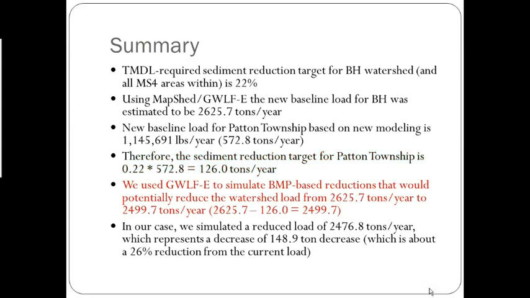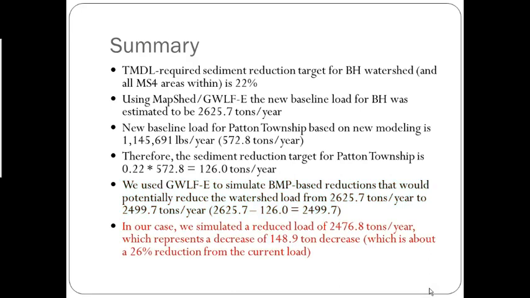We then used GWLF-E to simulate BMP-based reductions that would potentially reduce the watershed load from the baseline load of 2,625.7 tons per year to a new load of 2,499.7 tons per year, which is the watershed baseline load minus the reduction target for Patton Township.